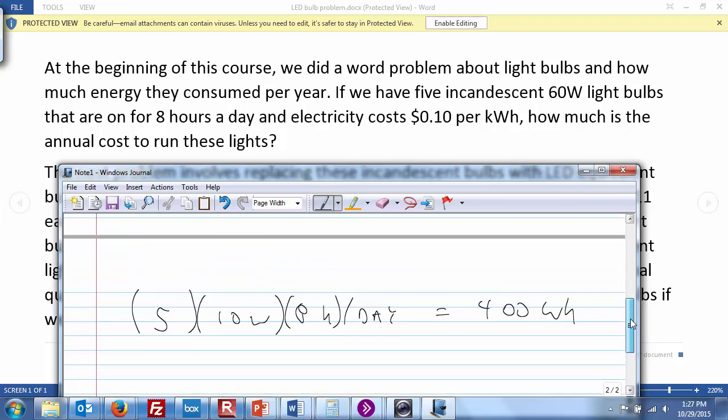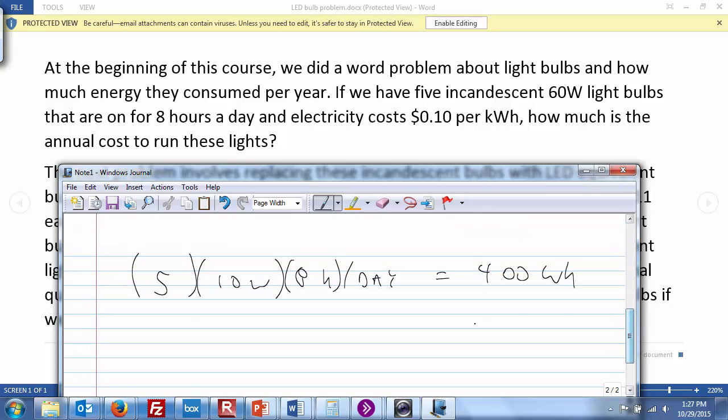And that's 4 cents per day. I'll just skip the steps, but obviously it's 1/6, because 10 watts is 1/6 of 60, so 4 cents per day.